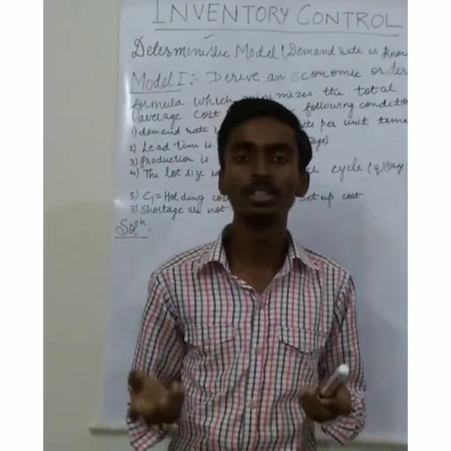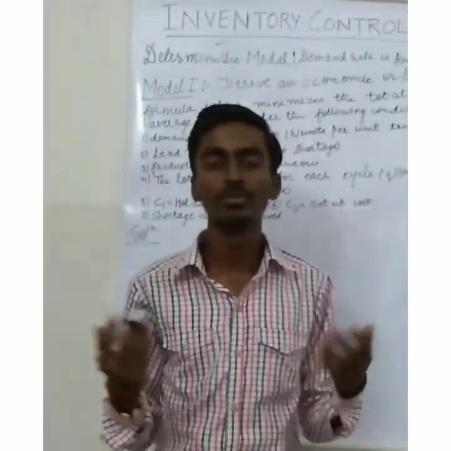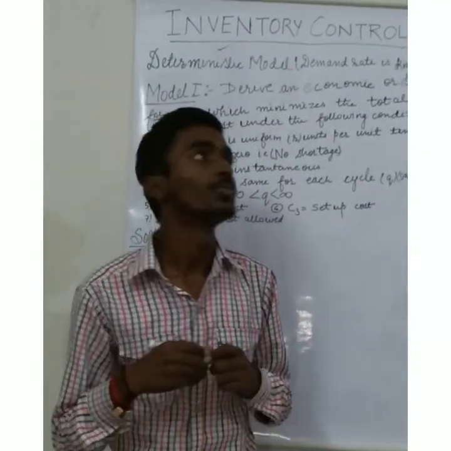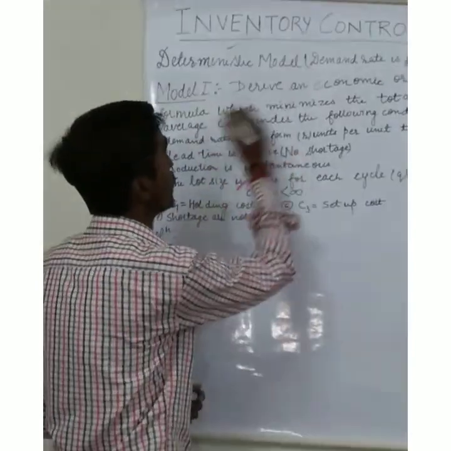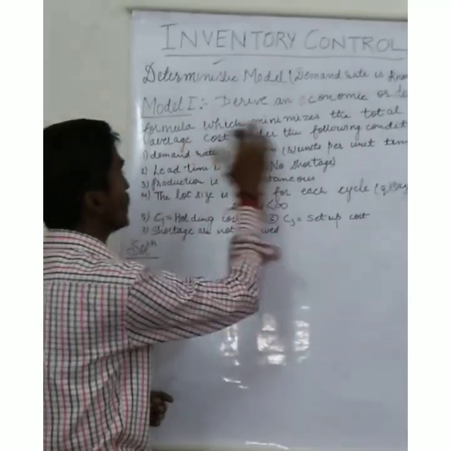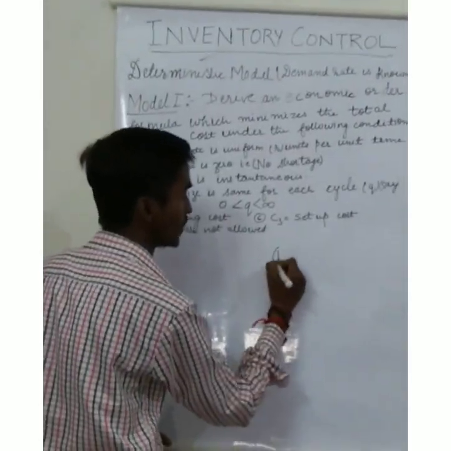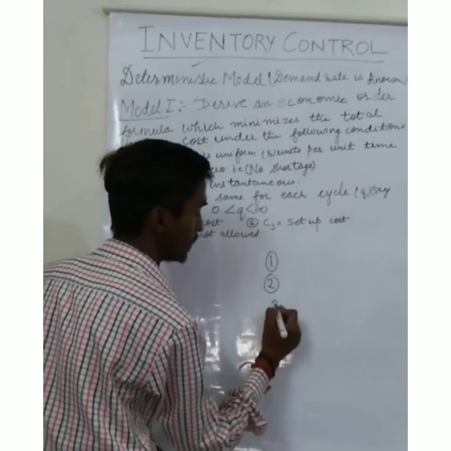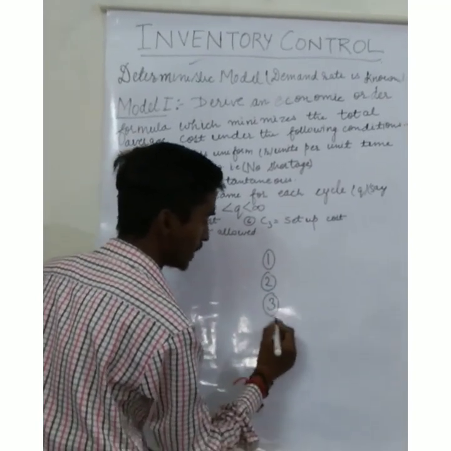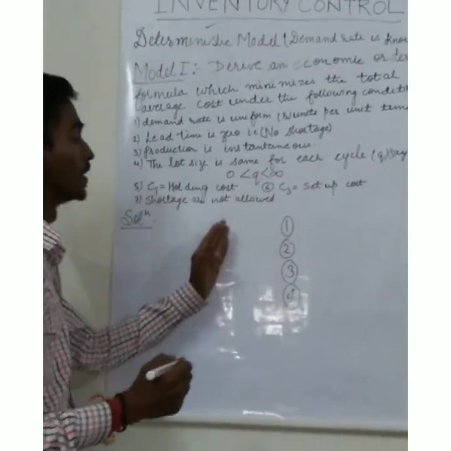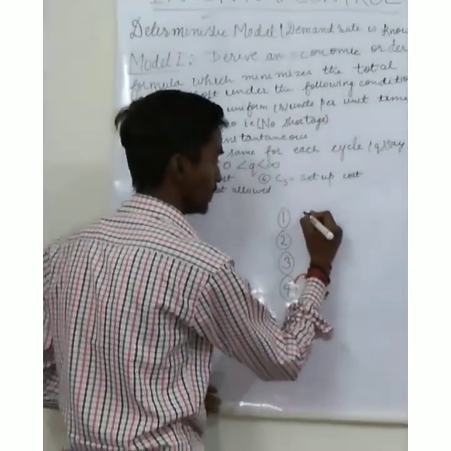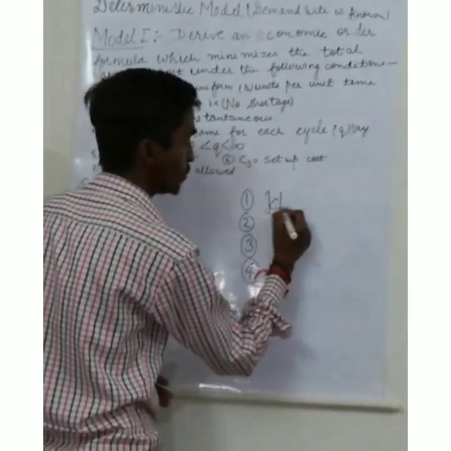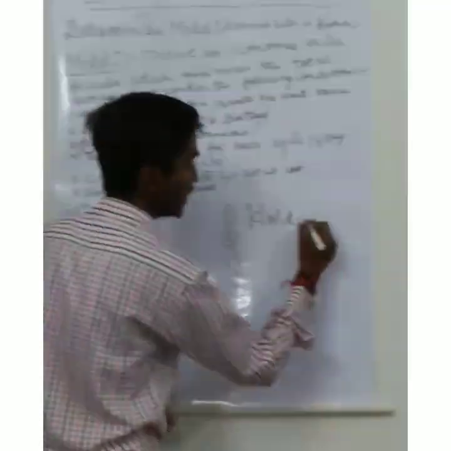That is inventory. Inventory means physical stock. Before understanding this model, I will focus on 4 definitions which are very important for this topic, and these 4 definitions are also used in this model.